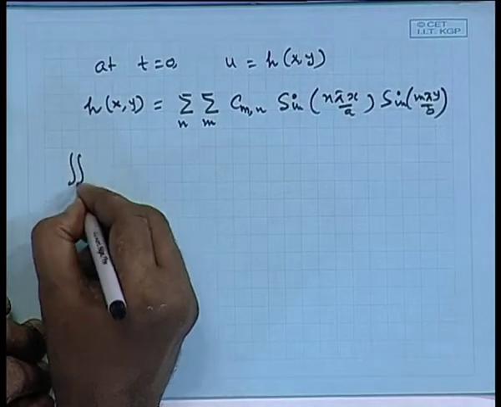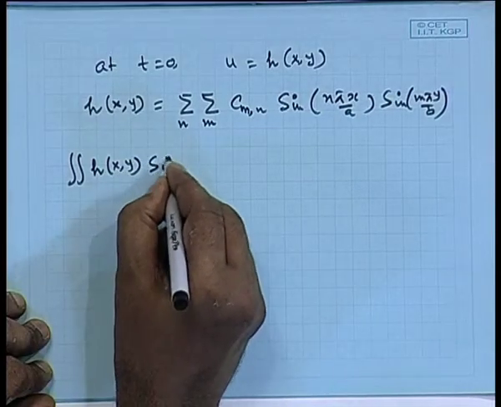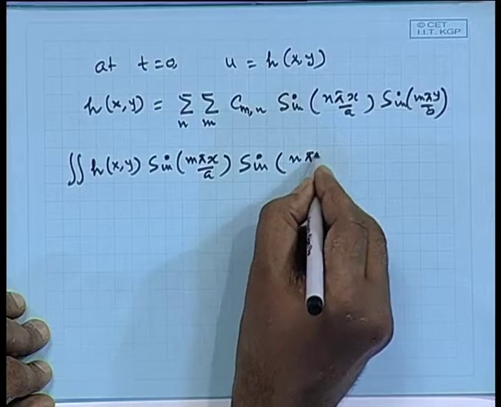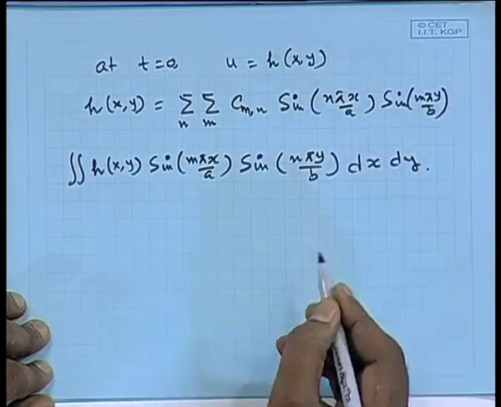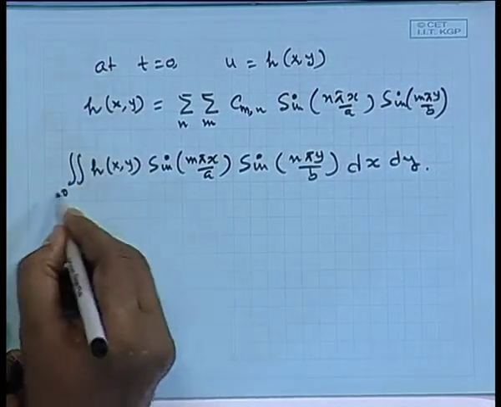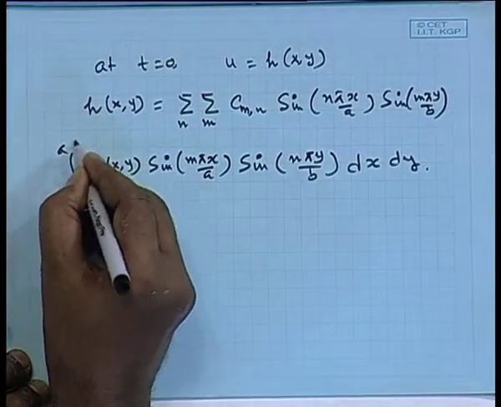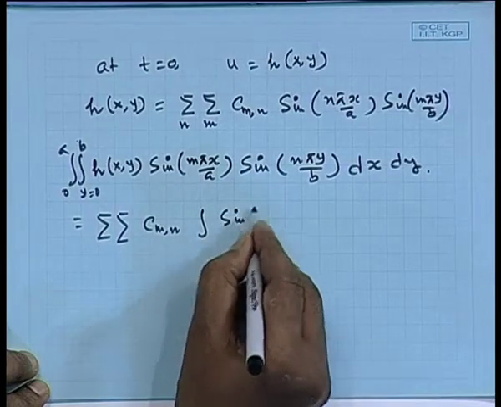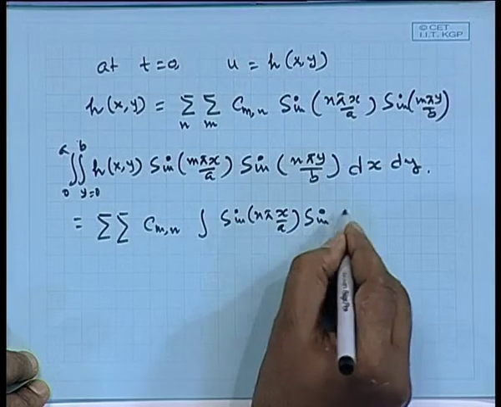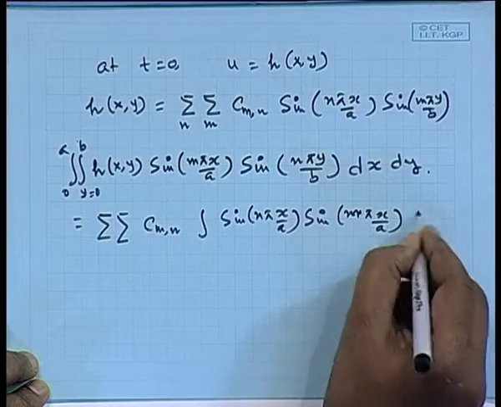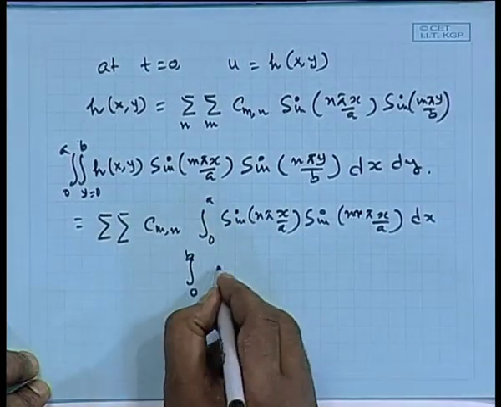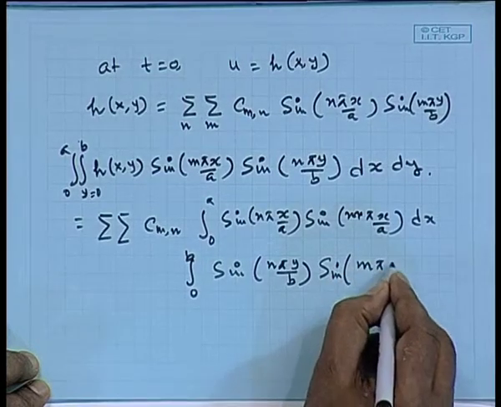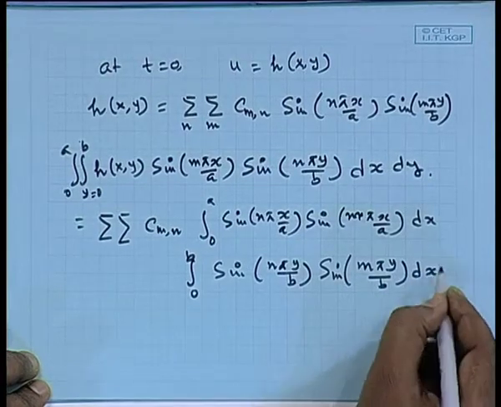So, it is basically the double integral of h x y sin m pi x by a sin n pi y by b dx dy, where x is from 0 to a, and y is from 0 to b, equals the summation of sin n pi x by a sin m pi x by a dx from 0 to a, integral from 0 to b of sin n pi y by b sin m pi y by b dy.